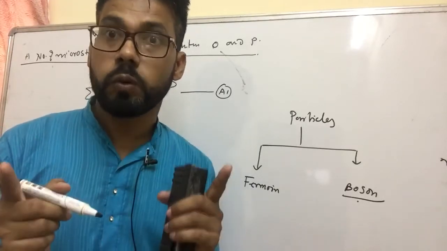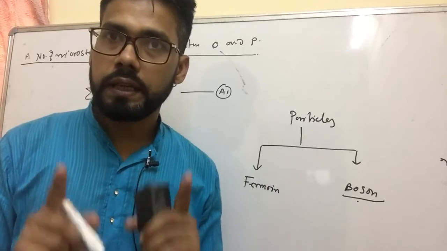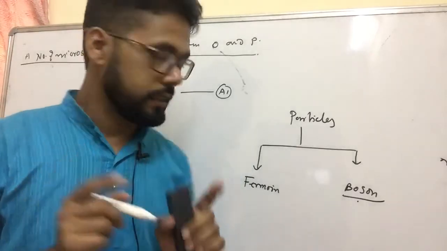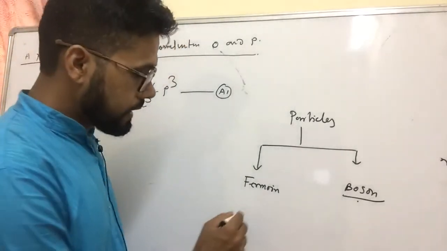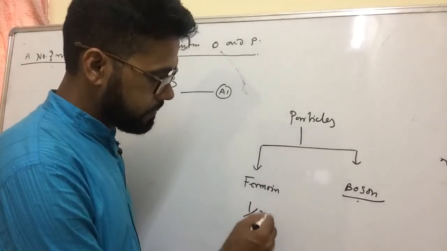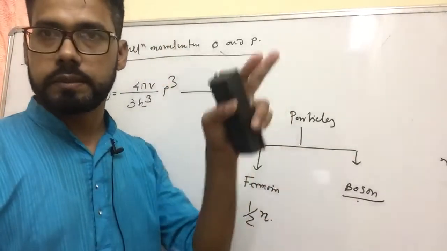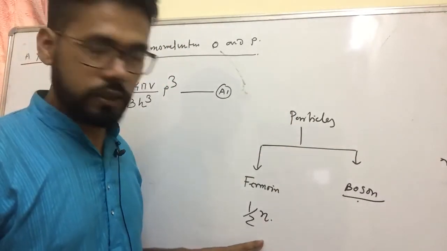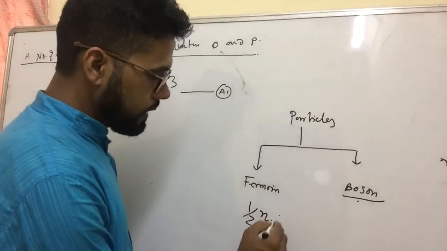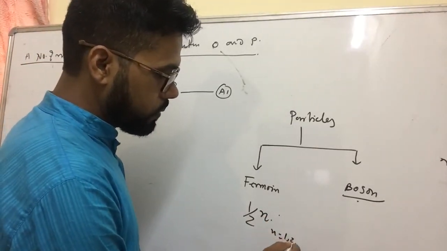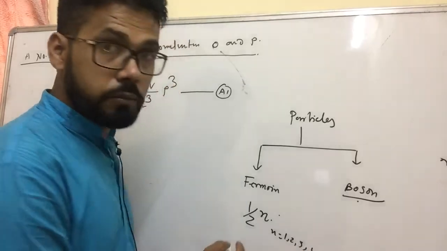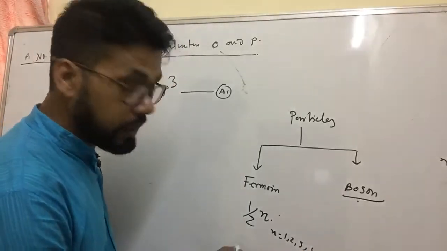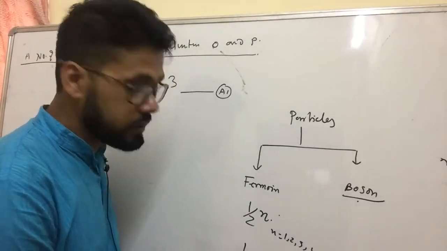This depends on the spin value of the particle. If the spin of the particle is half integral, like n plus half with n equal to 1, 2, 3, 4, 5, not equal to 0. For example, the electron: the spin of an electron is always half.